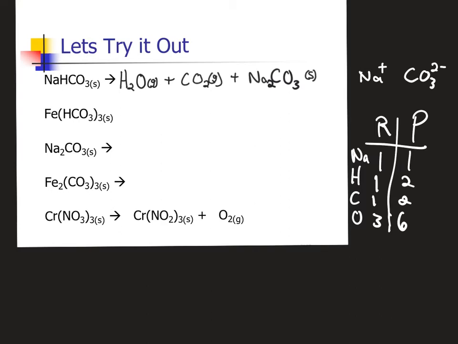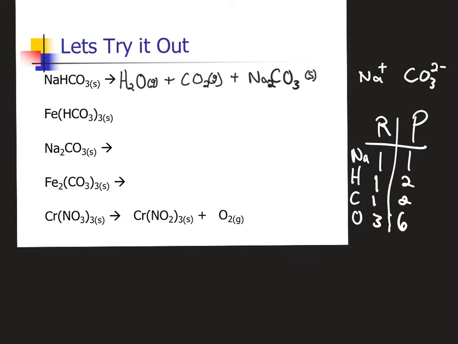So here becomes another one of those lessons, those little hints about balancing. If you are balancing and it is just not working at all, double check your charges. Make sure that they are what they're supposed to be.